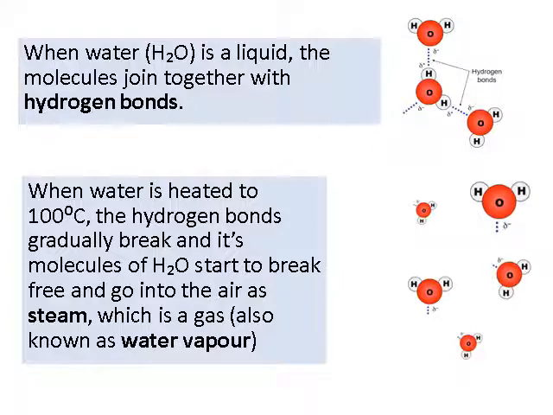And when these break, they go free, and this is where steam is created. You can see the hydrogen bonds at the top right-hand corner in that diagram. Those bonds are held together, but when heated, they break, and the molecules are then released into the air as water vapor.